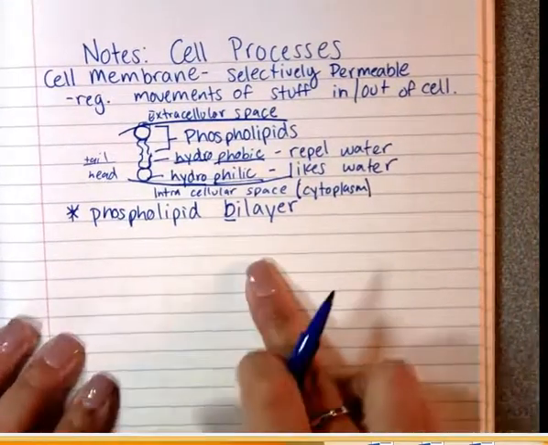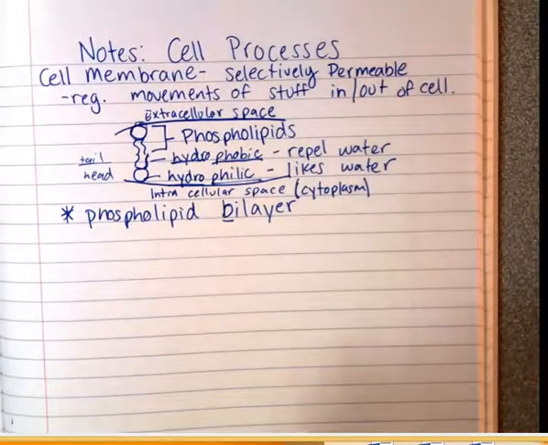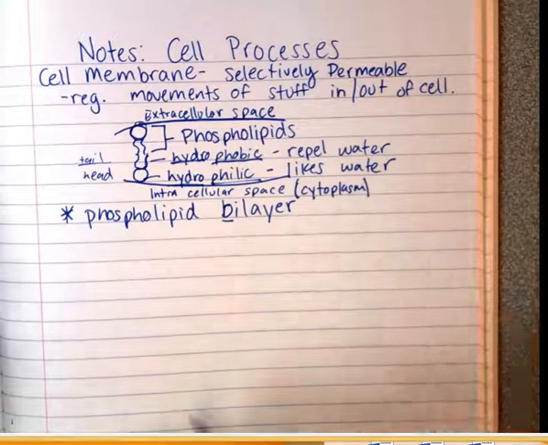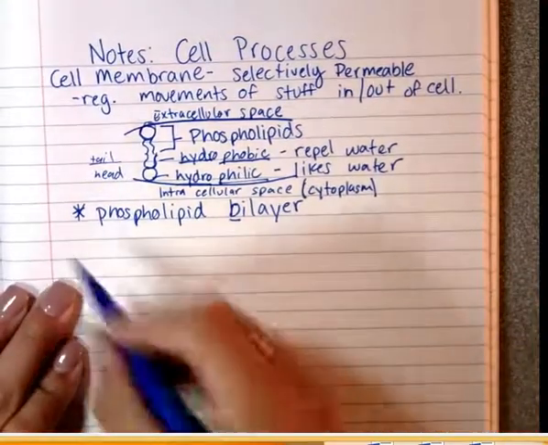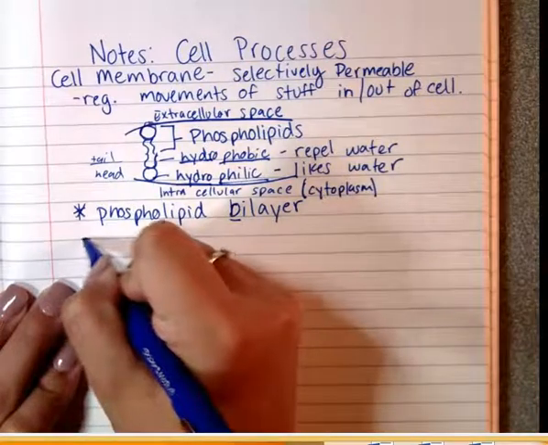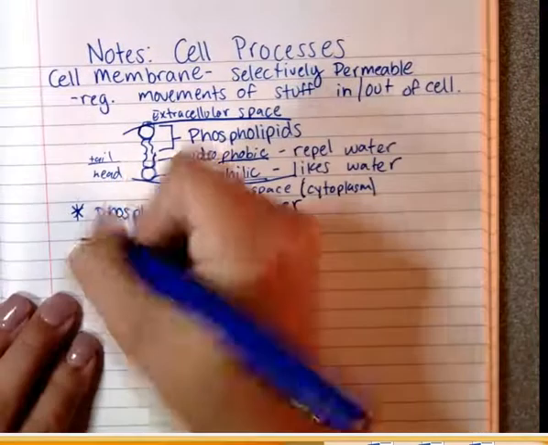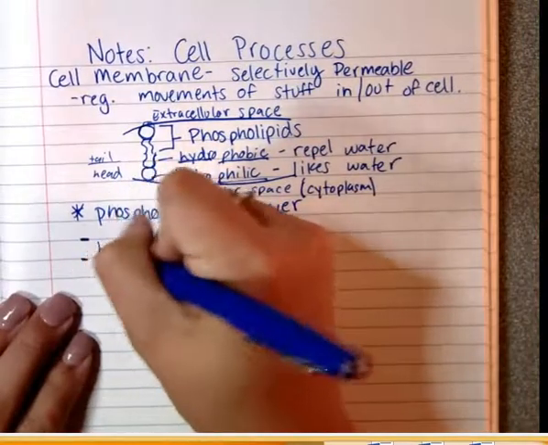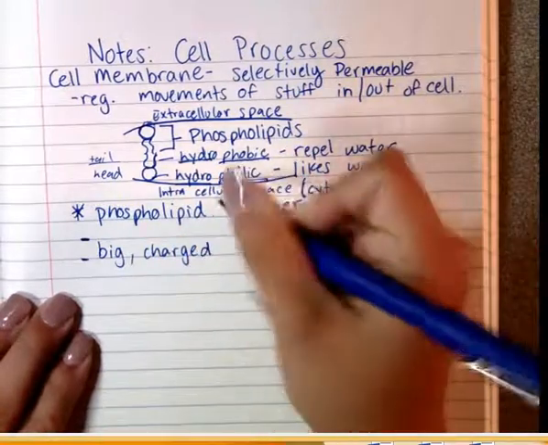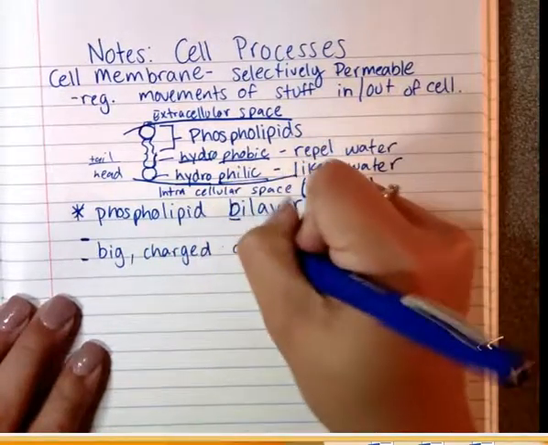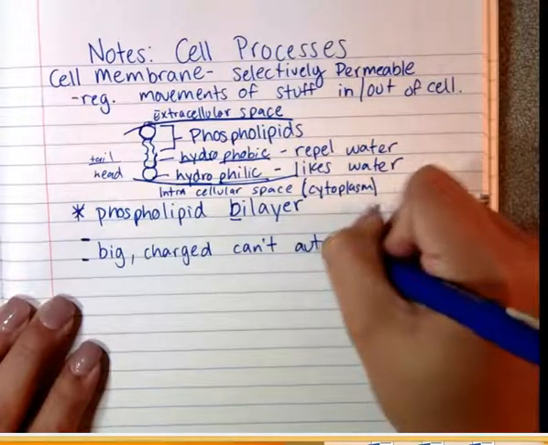This phospholipid bilayer is going to play a big role in how the cell controls what goes in and out. Some basic tips: things that are big or charged can't automatically cross through the cell.